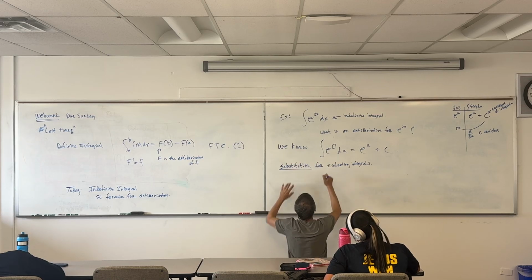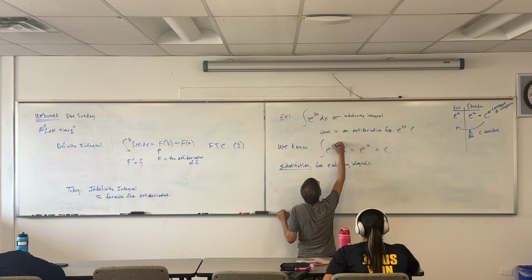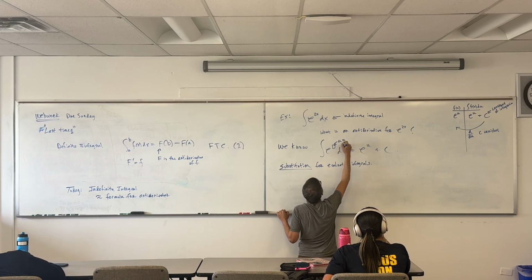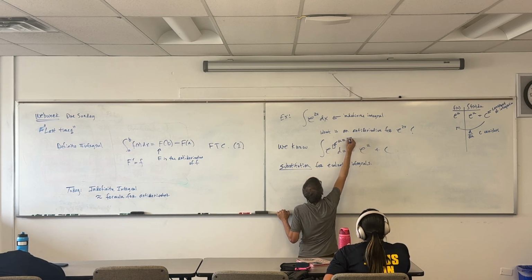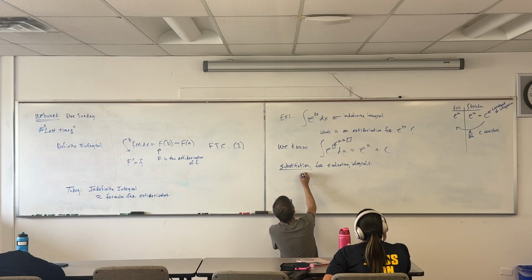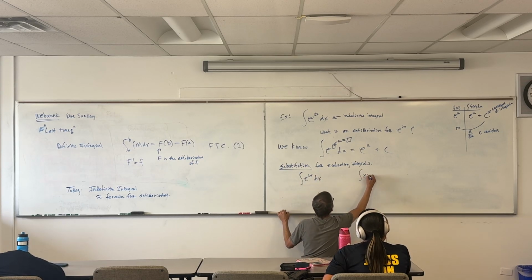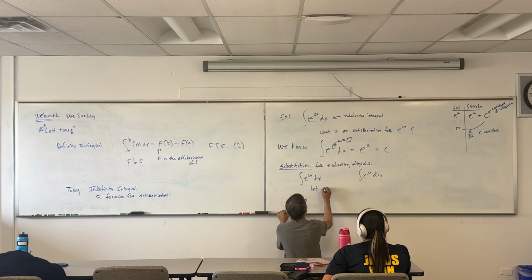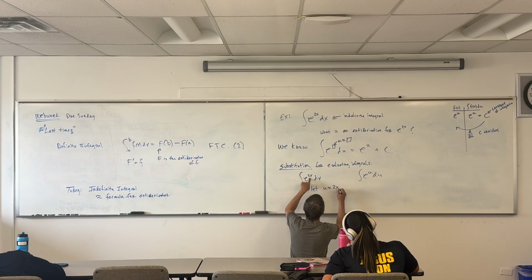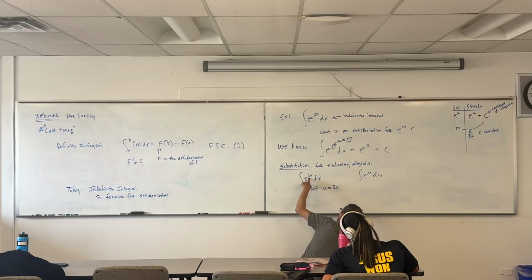And I lay this on top of there, and what comes through this box is what my substitution will be. So, in other words, I've got this thing here. I want to get it to this thing here. So I'm going to let u equal the 2x. And if I replace that 2x with u, it looks just like that guy.